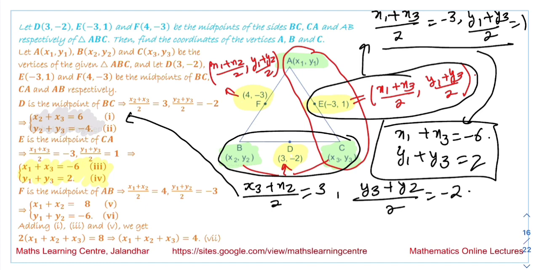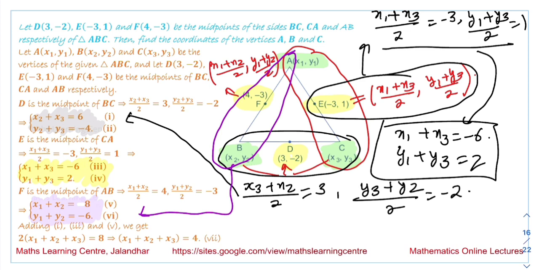Similarly, for the third side AB, when we calculate these values, we get the equations x1 plus x2 is equal to minus 8 and y1 plus y2 is equal to minus 6. So these are the three equations that we have obtained. Now we have to solve these three equations and calculate the values of x1, x2, x3, y1, y2, y3.